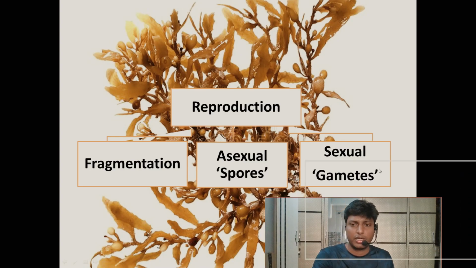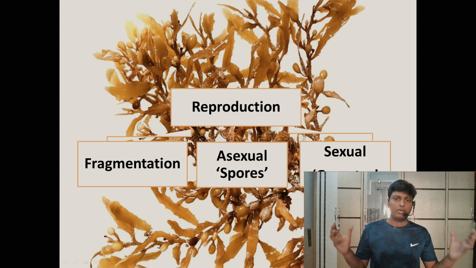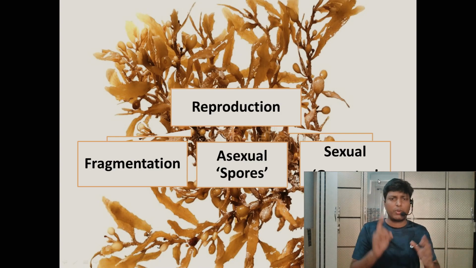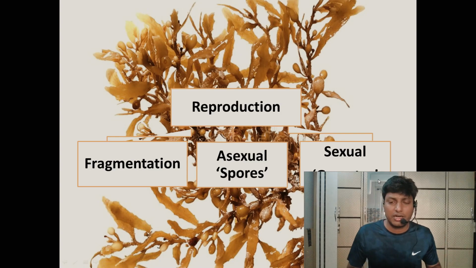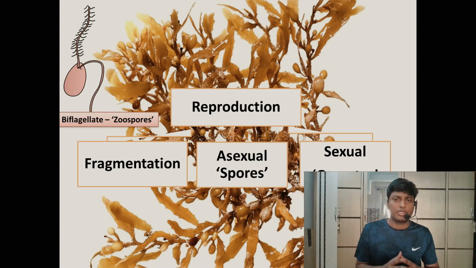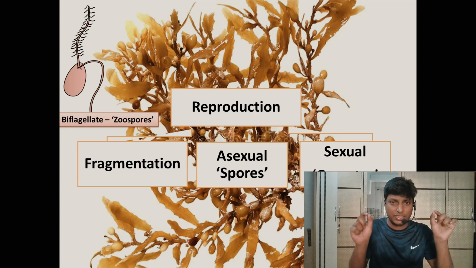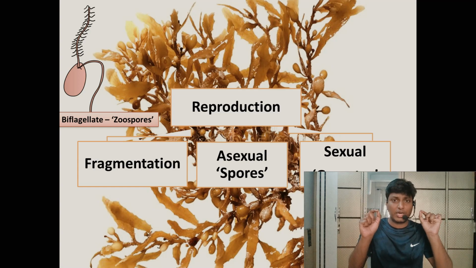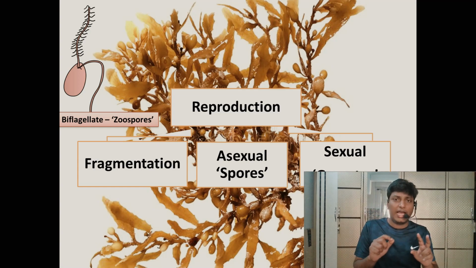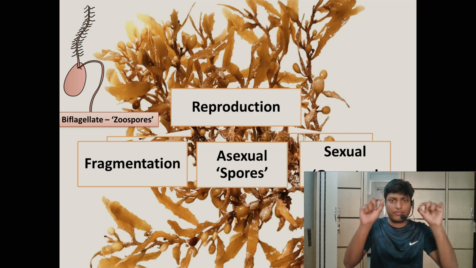So again talking about the spores here, one thing which we need to know, and that is very interesting, is the spores which are called zoospores. These are biflagellate. Now dear students, try to understand, when I say biflagellate, bi means two, and flagellate means they have flagella.